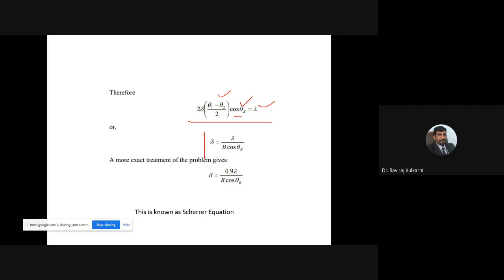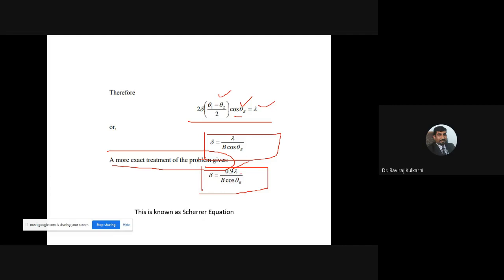So delta is nothing but, the 2 you can cancel, lambda divided by beta cos theta. But more exactly, you need to take the shape factor, which is usually 0.9, an approximation.